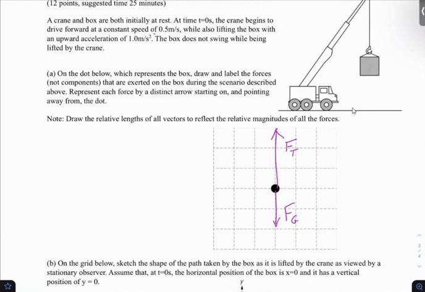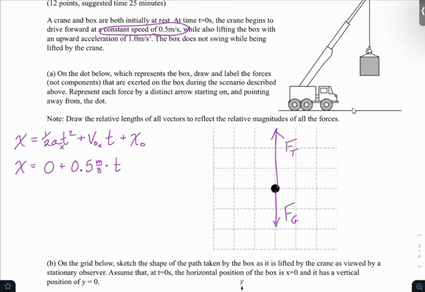If I write an equation for where my box is in the x direction, it's moving at a constant speed of 0.5 meters per second. So in the x direction, the position is equal to, my acceleration is 0 because it's a constant velocity, plus the velocity in the x direction, 0.5 meters per second, times time.